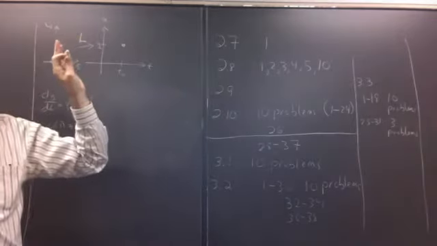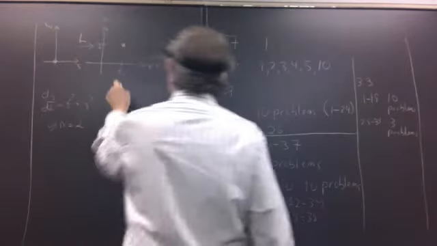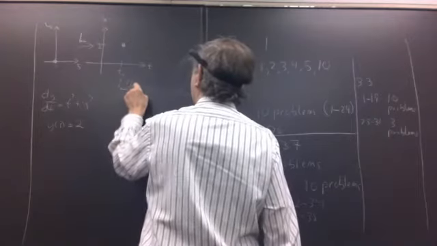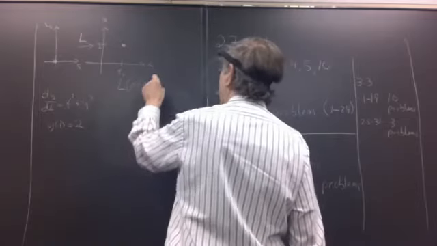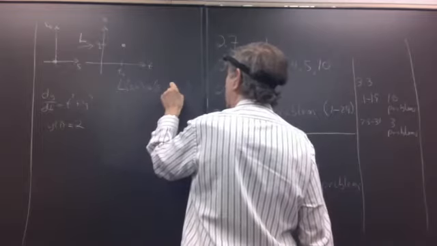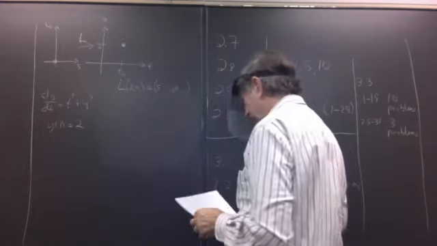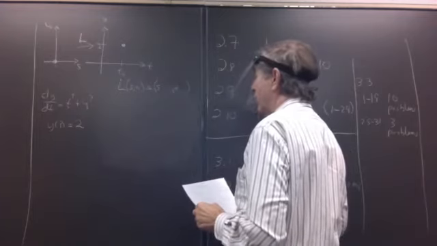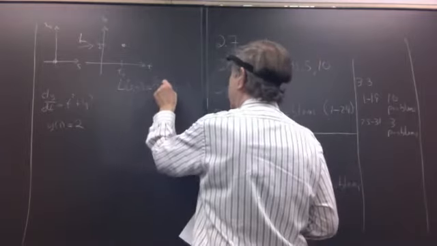Is that okay? And so basically the transformation is easy enough. If I have two variables, I just basically transform them by literally adding something or subtracting something from each one. And if I want 0, 0 to go to t naught, y naught, that's pretty easy.